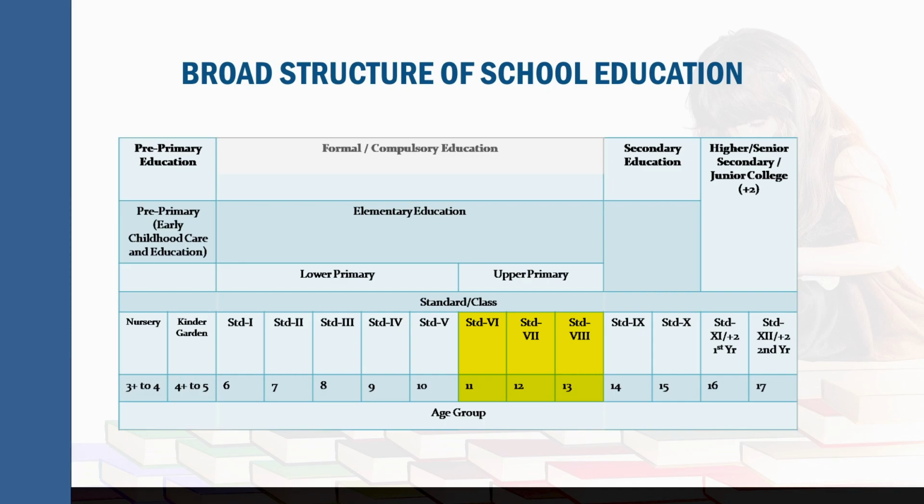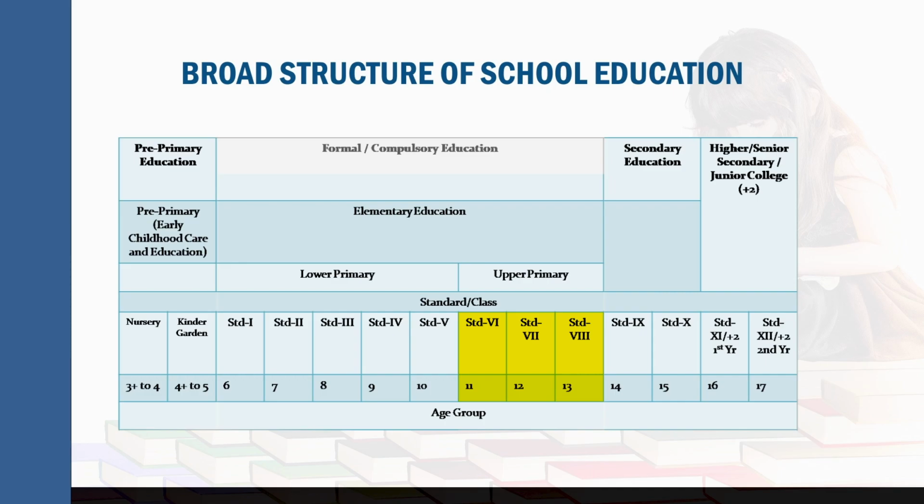And further, the classes included in the upper primary, which is part of the elementary education as per the Right to Education Act. Here 3 years of schooling is included, that is class 6th, class 7th and class 8th. So standard 6th, 7th and 8th are included in upper primary.